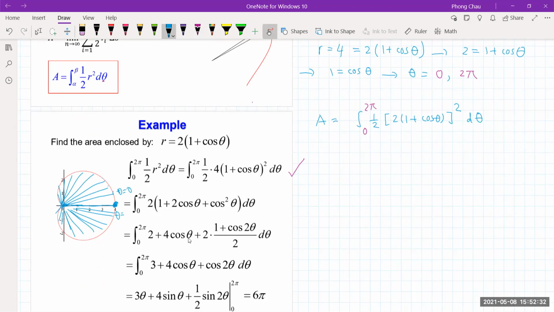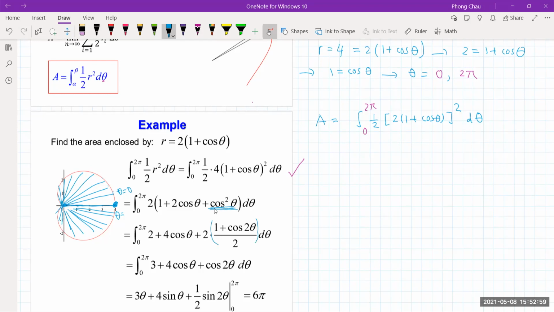Got 4 cosine theta. Now, one thing that we learned earlier that I keep emphasizing: when you see cosine squared, you cannot integrate. You have to use the half angle identities or the power reduction identities. That's a half of 1 plus cosine 2 theta.